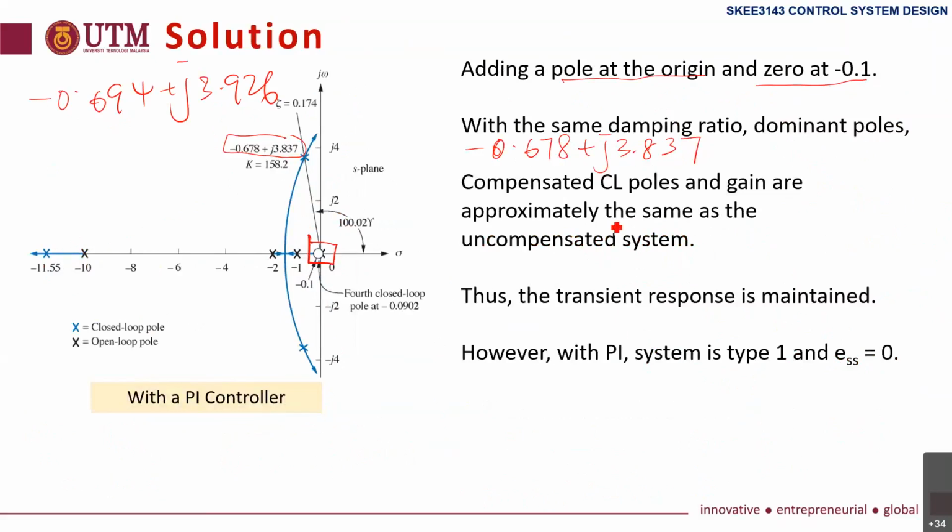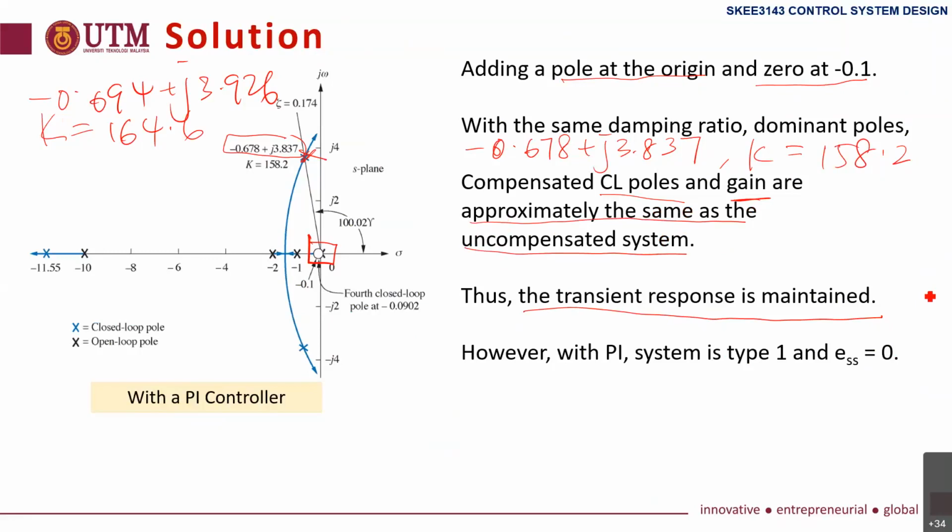The compensated closed loop pole here, and the gain K we obtain as 158.2. Previously it was K 164.6. Of course it will be slightly different, but it is just a slight difference. It is approximately the same as the one without the controller. Therefore, we can say the transient response is maintained.